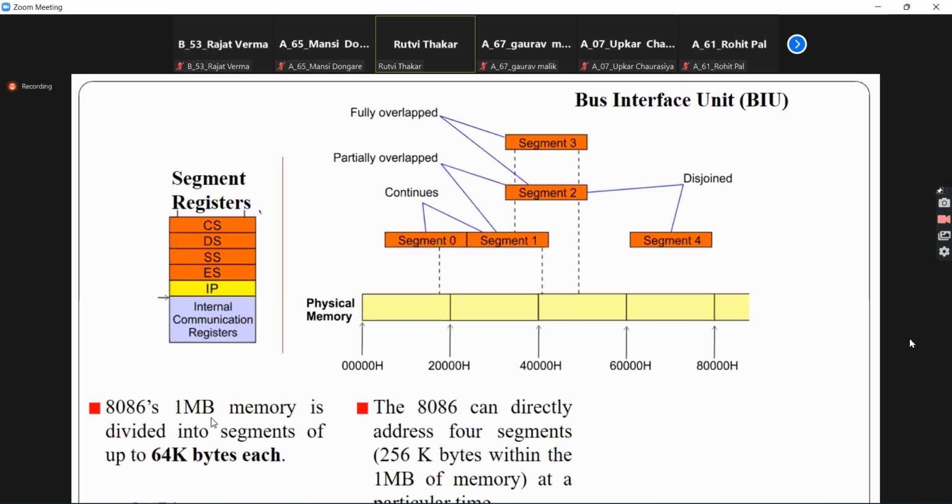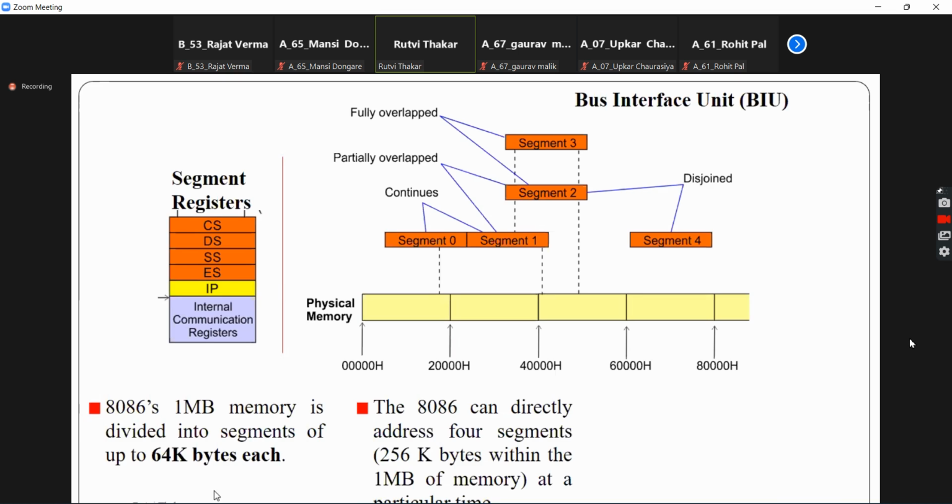Next, the 8086 can directly address 4 segments, 256 KB, within the 1 MB of memory at a particular time.